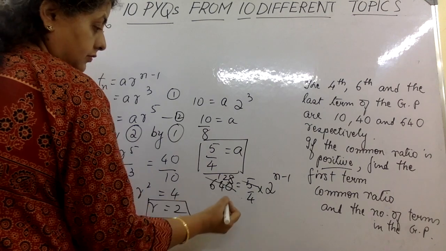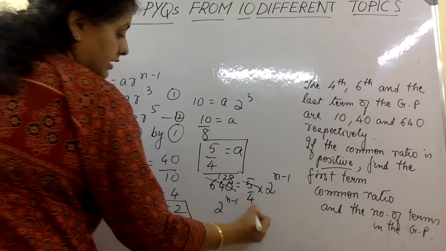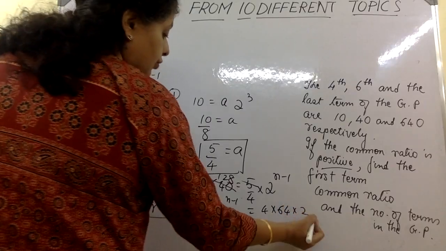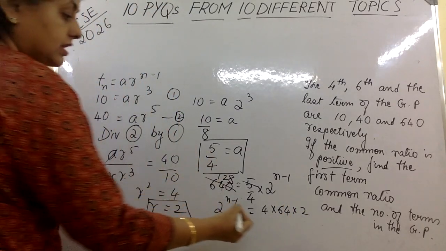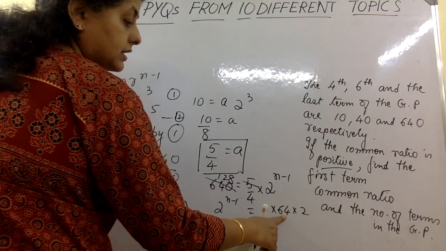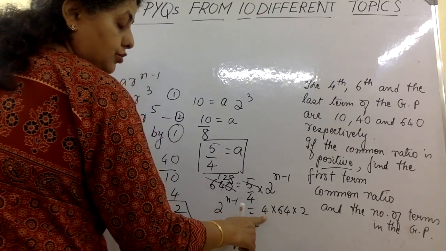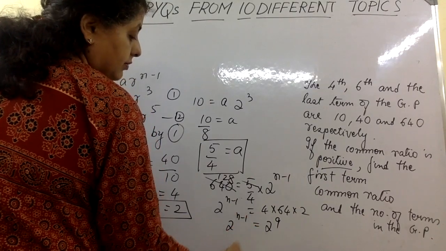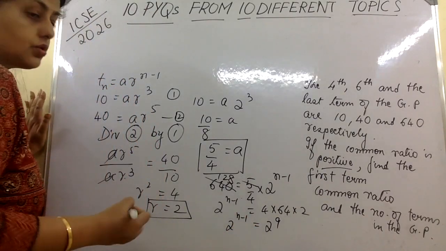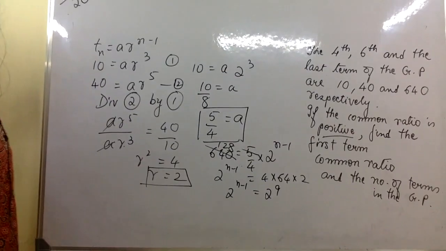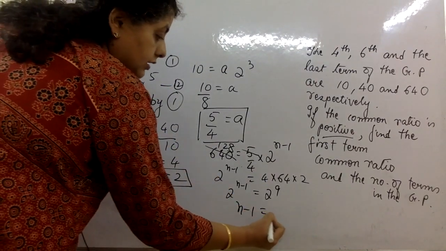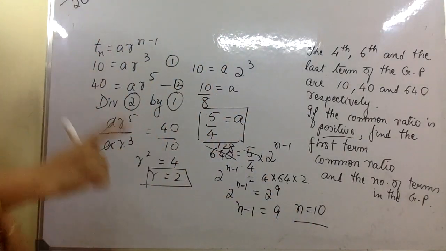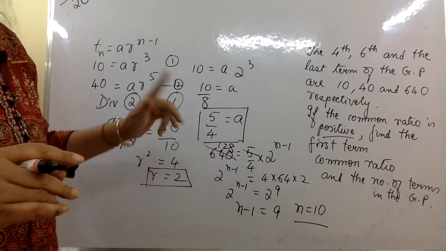So 2 to the power n minus 1 is 4 into 64 into 2. Why I split it is, it's going to be easier for me. This is 2 to the power 6, 2 to the power 7, 2 to the power 8 and 2 to the power 9. 2 to the power 9, 2 to the power n minus 1. Okay. So n minus 1 is equal to 9, n is equal to 10. The GP has 10 terms because 640 was the last term.